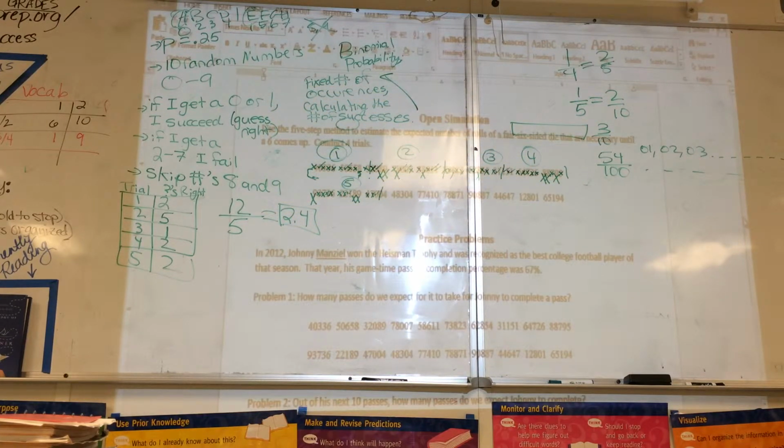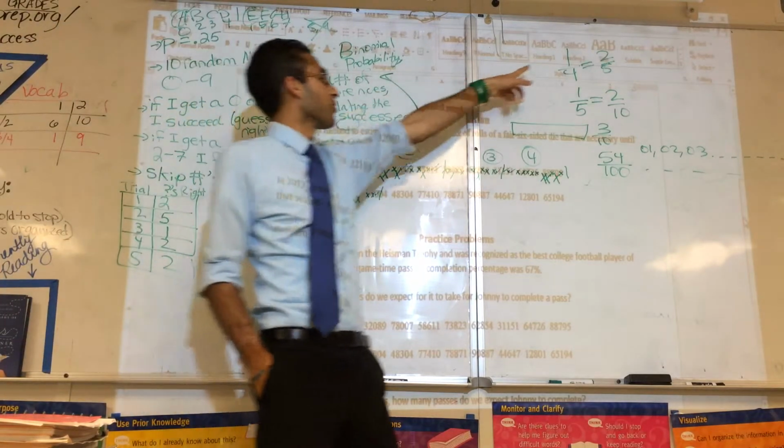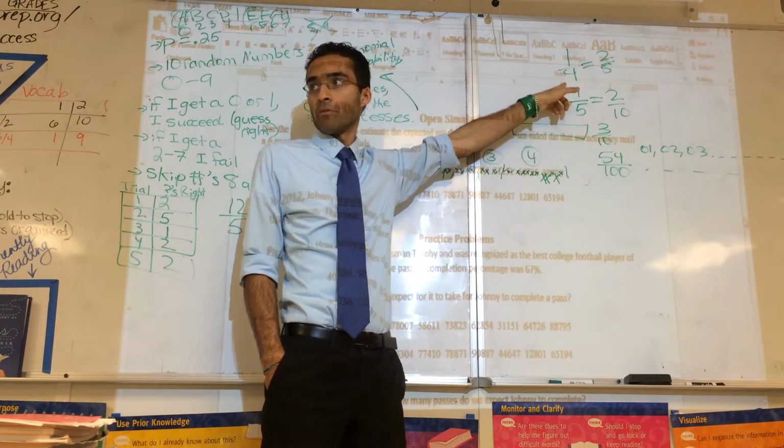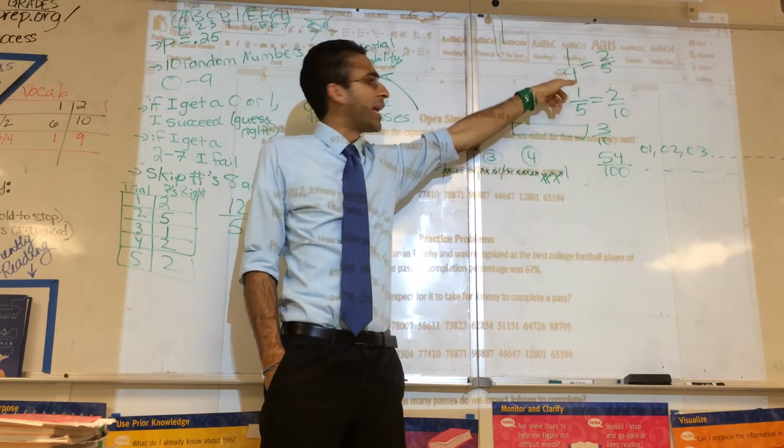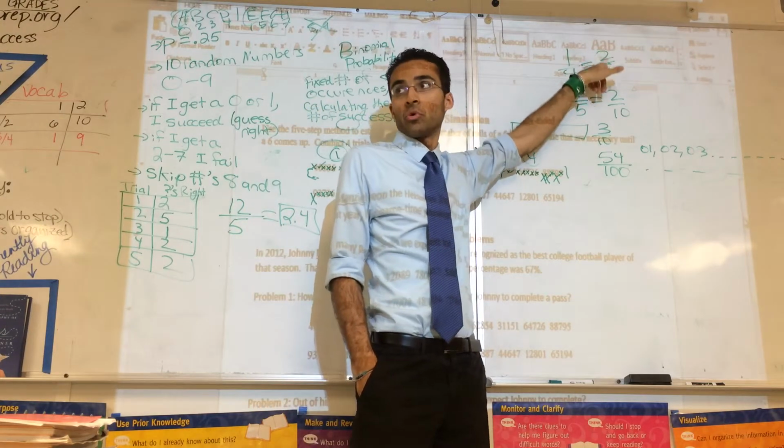Khadija. How do you know which ones to cross out and which ones to count as a miss? So I said, well, there are 10 numbers from 0 to 9. And I know that 25% of the time I'm going to get the question right. So really, 1 out of every 4 is my probability of getting it right. And 1/4 is the exact same as 2 over 8.